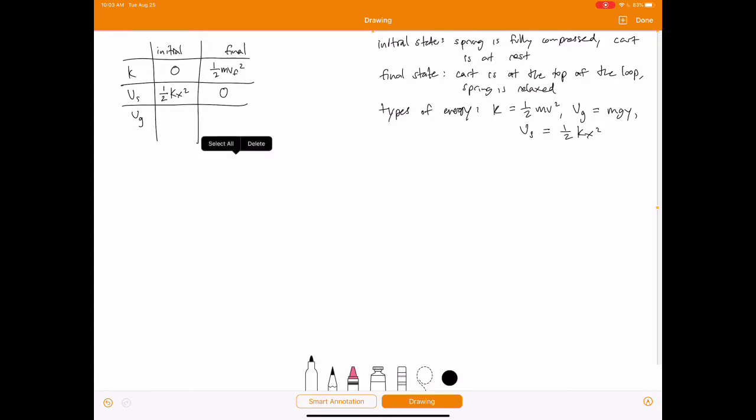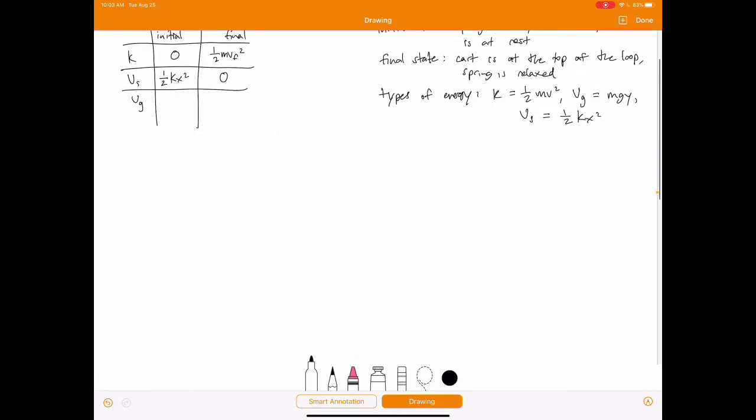Okay, when we think about the gravitational potential energy, it helps to draw a picture. So here's the loop. And let's say that this is our y-axis, which we use to think about heights. Okay, let's set y equals 0 down here on the ground.